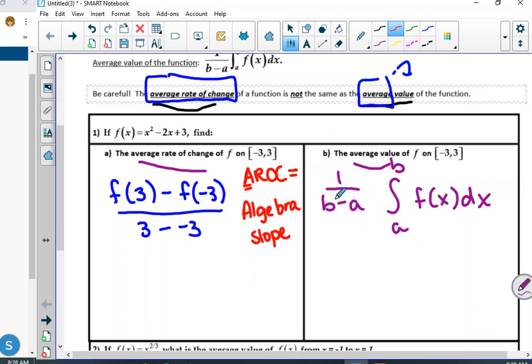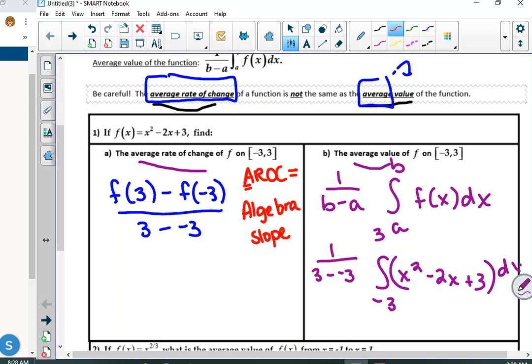Multiplying by 1 over b minus a is like dividing by b minus a. So in this case, this would be 1 over 3 minus -3 times the integral from -3 to 3 of x squared minus 2x plus 3 dx.